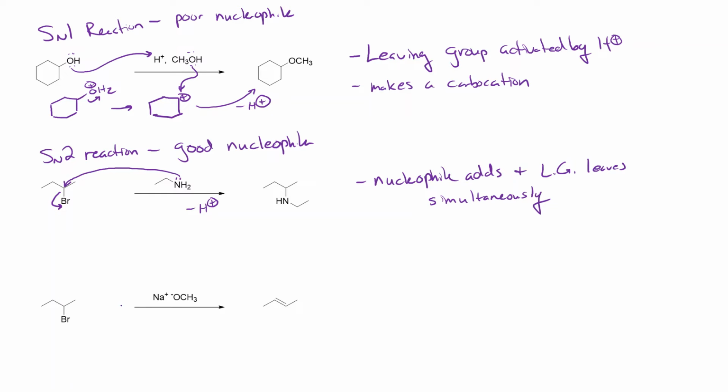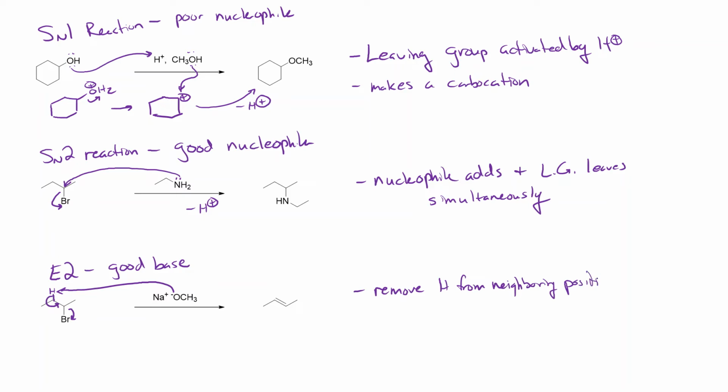The last reaction that we have was clearly an elimination reaction, so this is an E2 elimination. We have a good base, that alkoxide base here, and we remember what that's going to do: it's going to come take the hydrogen from the neighboring position. We remove this hydrogen, that makes a pi bond, and the leaving group kicks out. So E2 is a good base removing the hydrogen from the neighboring position to the leaving group.